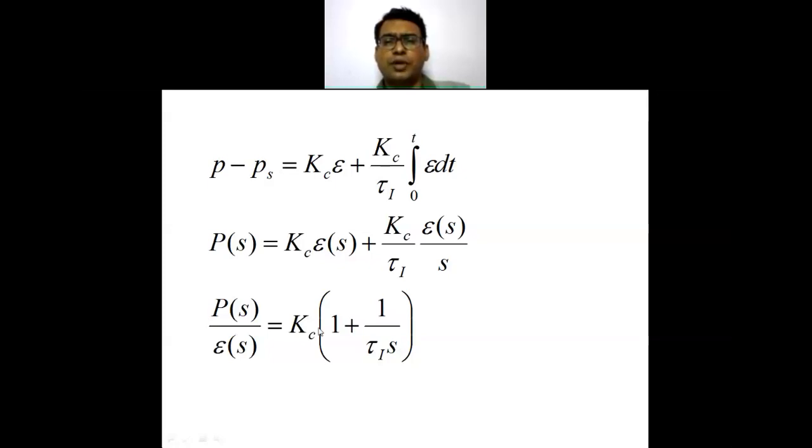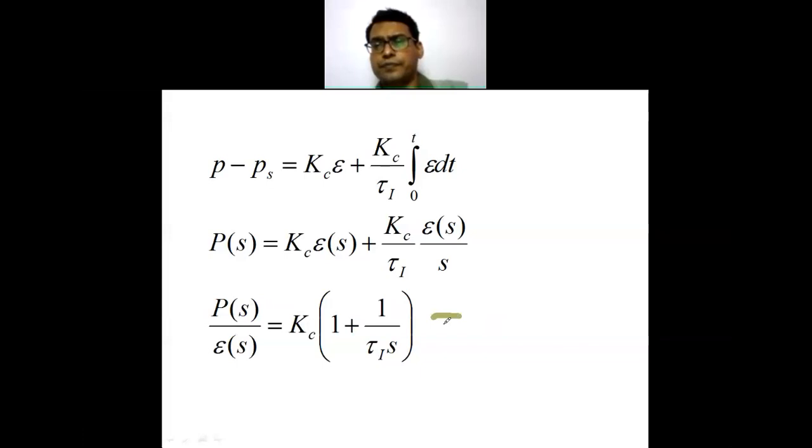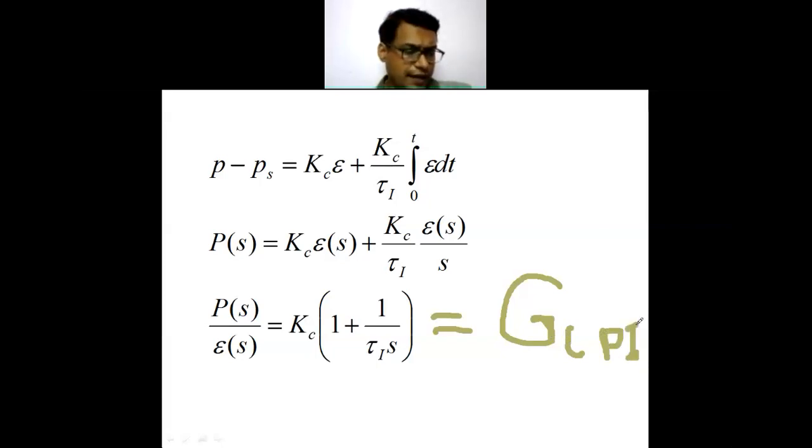Kc taken out as the common, and the output upon the input, that is what the transfer function is, Gc of the proportional integral controller, which is represented as Gc of PI, or simply GPI.